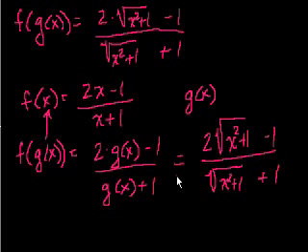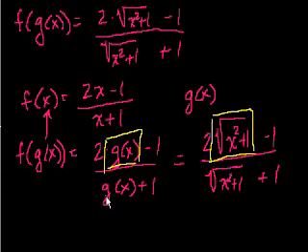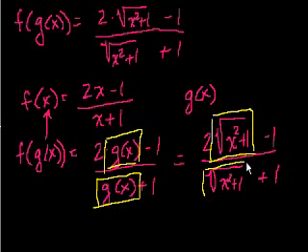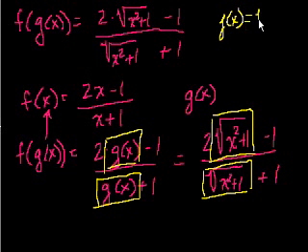Now at this point you can pattern match and see what g of x is. 2 times something minus 1 in the numerator, and something plus 1 in the denominator. So in either case, we have g of x is equal to the square root of x squared plus 1.